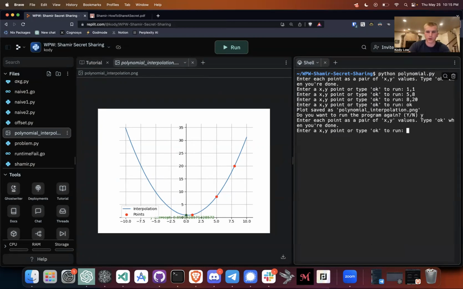And so let's run the program again, and let's do something. I want to do a 4 of 5 threshold signature or something. Sorry, a 4 of 6 threshold signature. So I would put like 6 random points, like 4 random points in.